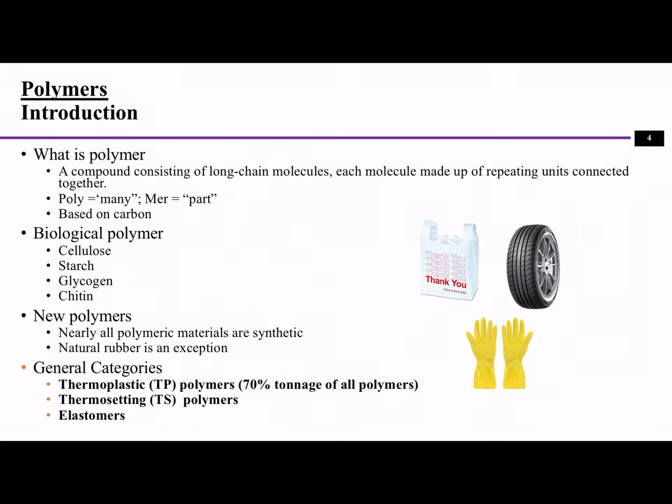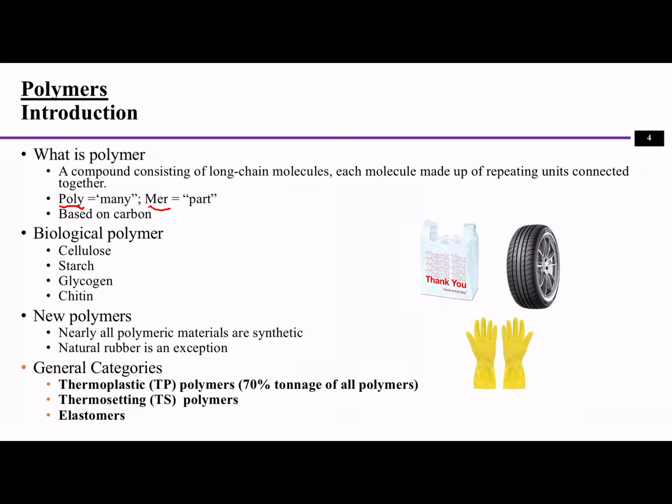First, what is a polymer? A polymer is actually composed of two words, poly and mer. Poly means many and mer means part, which means many different parts or many same parts.